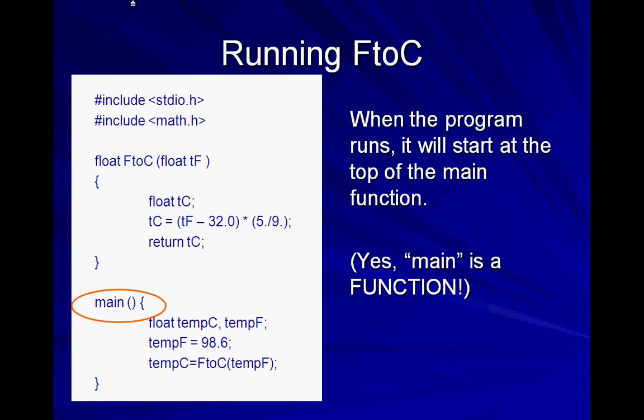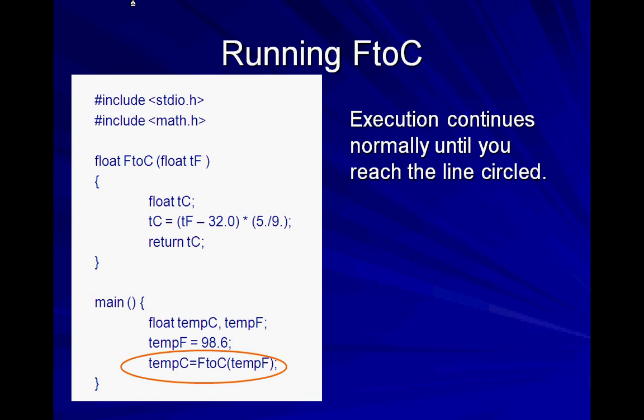But when we leave that function and go back to the main program, all those variables that were inside of FtoC are destroyed. Okay? So tf and tc are gone. That memory is freed back up to be used for something else when we go back to the main function and return that value from FtoC and then put it, in this case, into tempC, which we could then use to print or something like that.